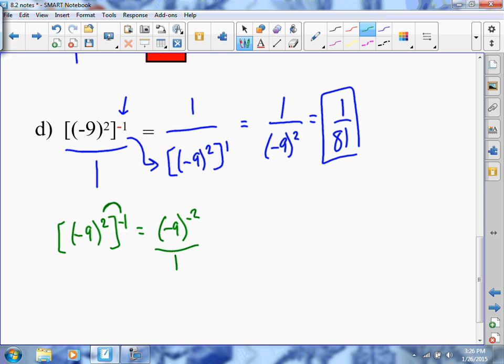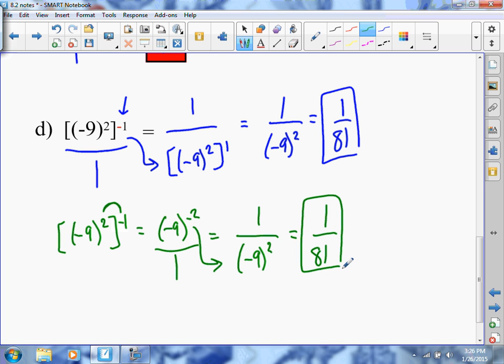Now this is still in the numerator, so I'm still going to have to move this term with the negative exponent down to my denominator so that it becomes positive. And now I don't have anything in my numerator, so I'll just put the 1 there for a placeholder. And now I'm at the same spot that I was before. So negative 9 times negative 9 is 81, so I get 1 over 81.